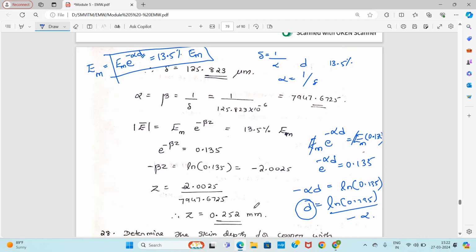Here, what they've done is they've used beta z, but please follow this only. Instead of e power beta z, write it as e power minus alpha into d, the attenuation factor, and continue, because this is what you learned right now. This is the factor which gets multiplied with the actual voltage, and it is the one reducing the voltage, or the amplitude.